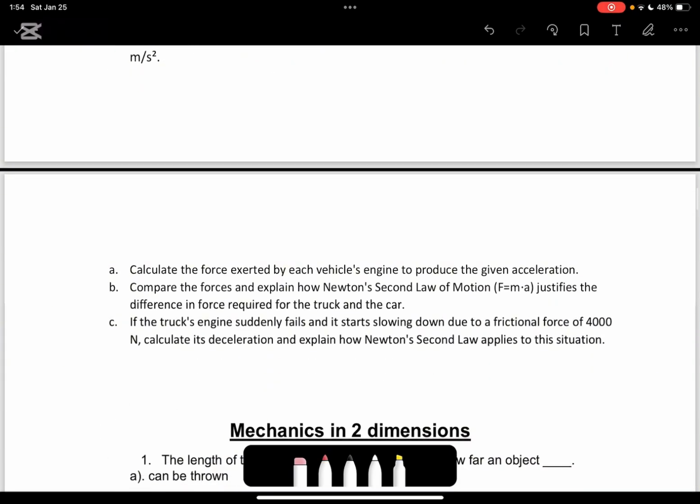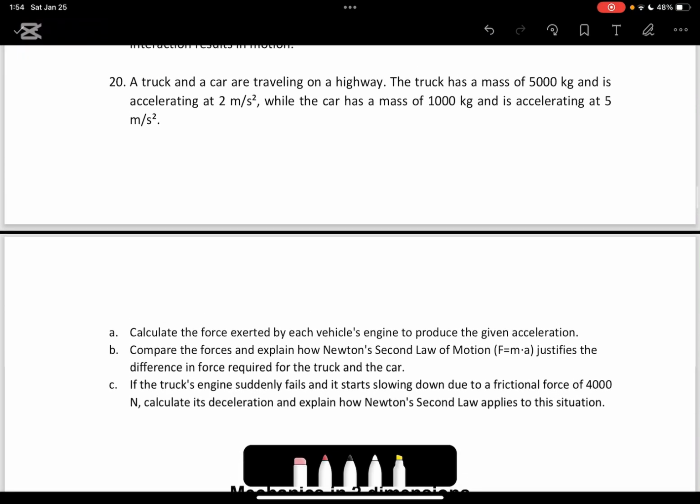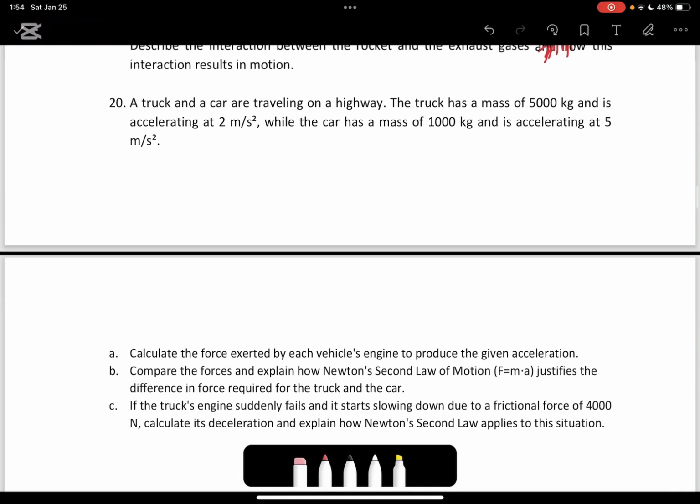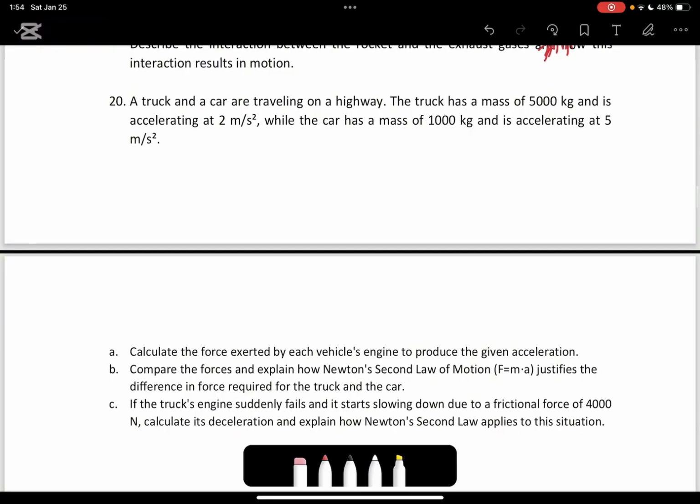Now we have to calculate the force exerted by each vehicle's engine to produce the given acceleration.